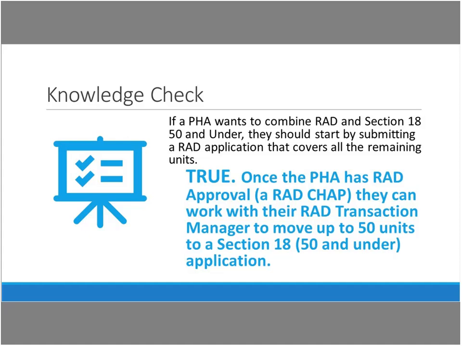So you submit a RAD application, you get a CHAP, you go through the process of working with a transaction manager, you have a concept call. At the concept call, you'll then talk with them about how you're going to blend 50 or less with your CHAP and execute a single conversion for your last property.